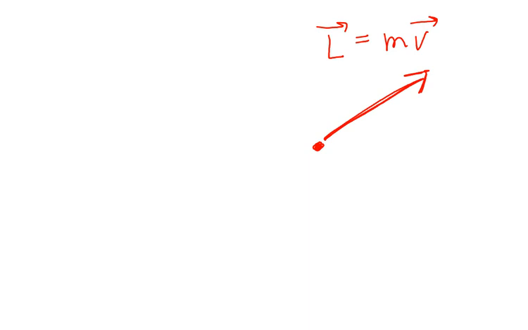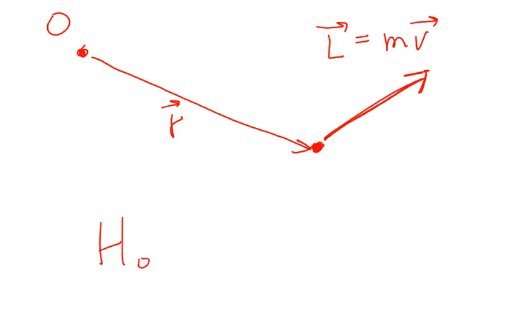And what I can do is pick some point O. And now that object at this particular instant is going to have a position vector from point O. So there's R. I can define H about point O as R cross mv.